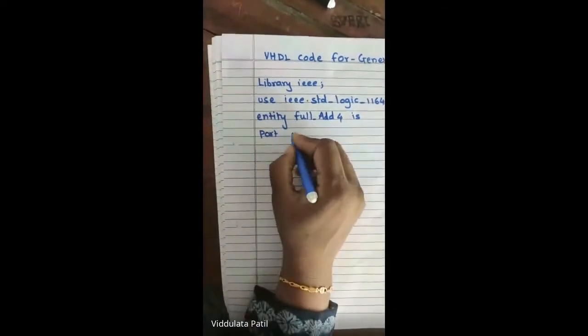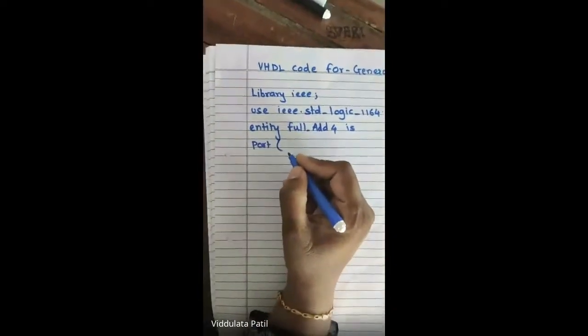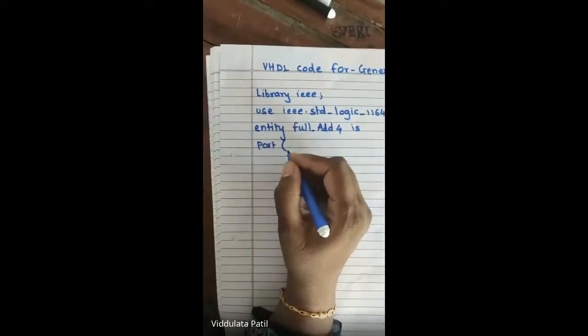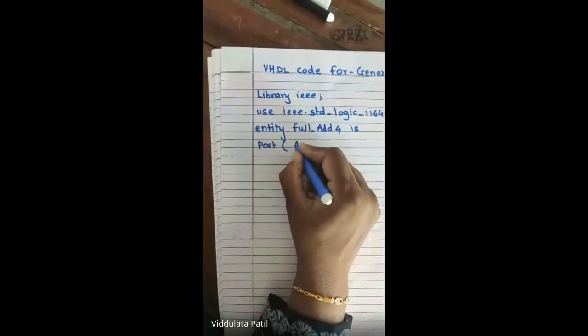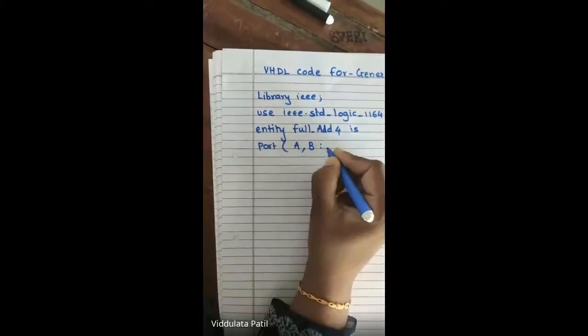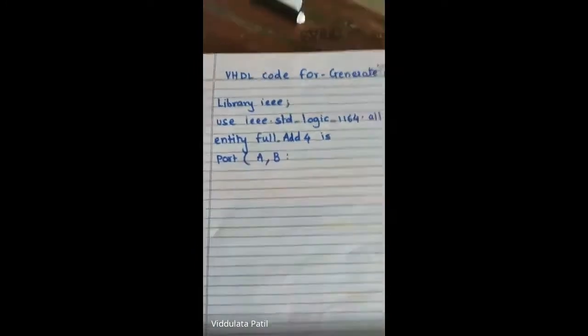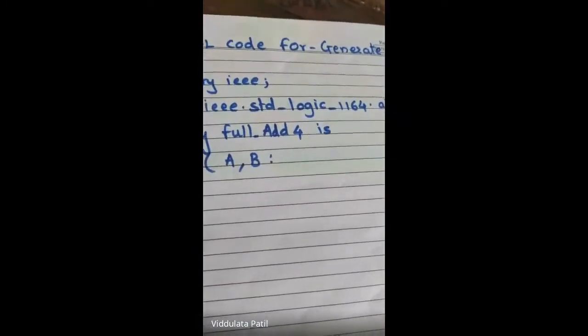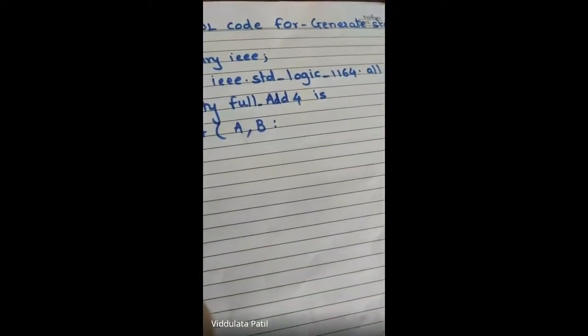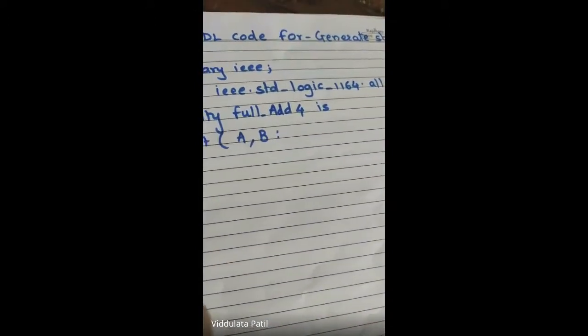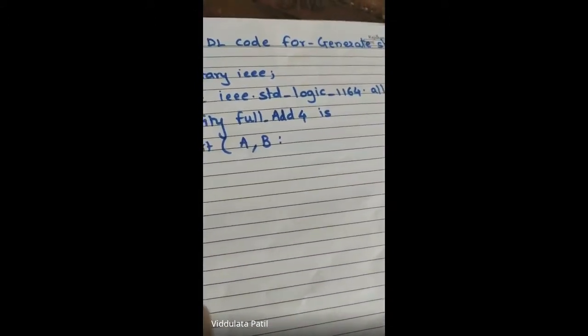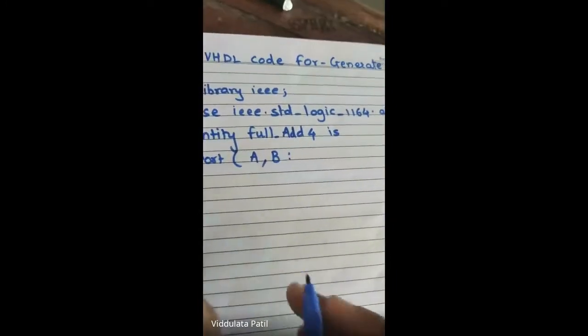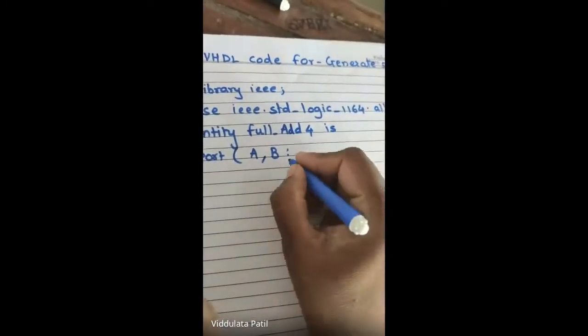Okay, so first of all, we need to declare ports. So let us declare A comma B. Now in an earlier program I had written A separately and B separately, but here you can write in this way also, A comma B, that is the input.